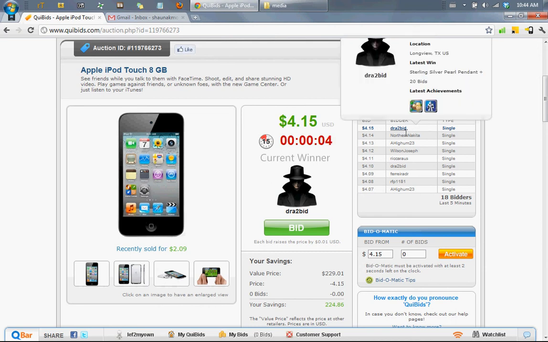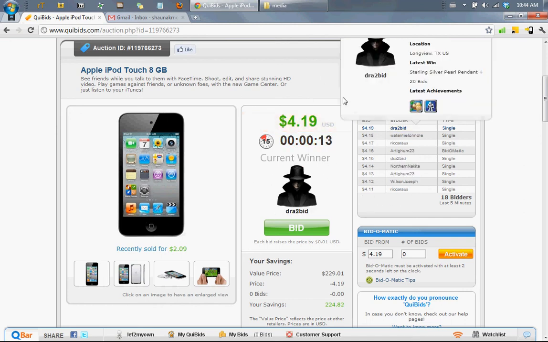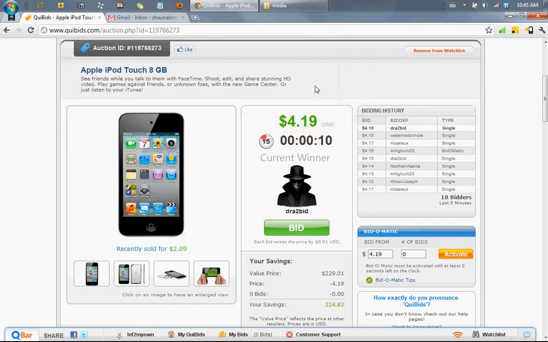So this person actually looked like the motivated bidder, for now, anyway. And the motivated bidder will constantly want to be the current winner. As you can see, they came back there. So that's the person you want to keep an eye on. That's the person you want to make sure, if it's getting down to 1, that you place a bid.